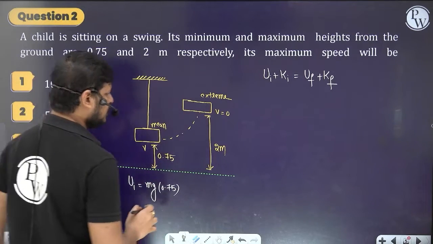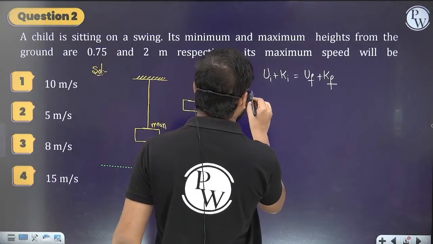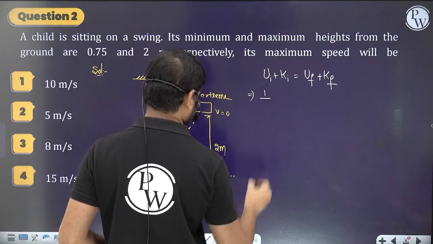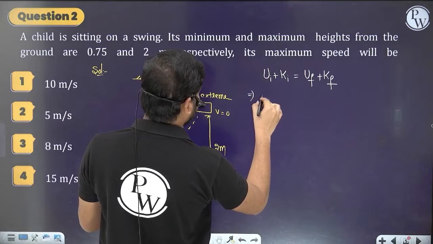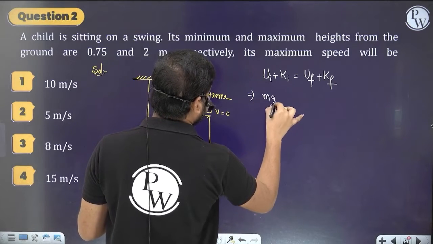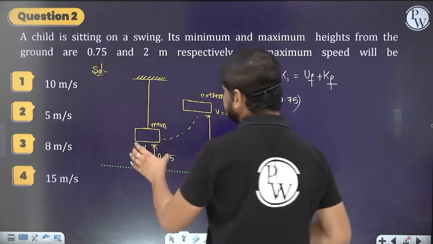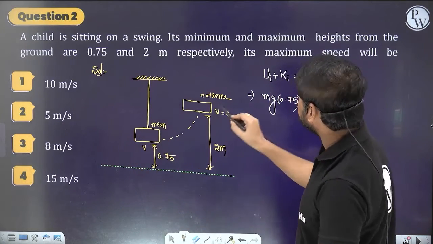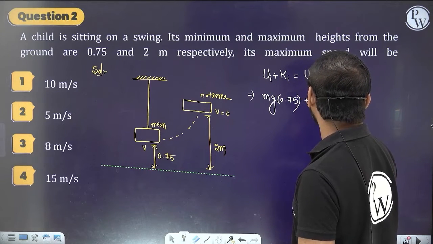Or else let's write it this way. Here the initial potential energy, what is that? Mass of this. Did they give any mass? No. So mass, mg into 0.75, and this is the initial position. When it goes to this side, its kinetic energy is half mv square initially.